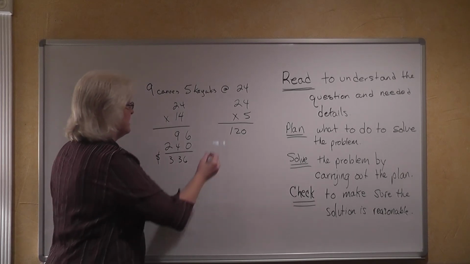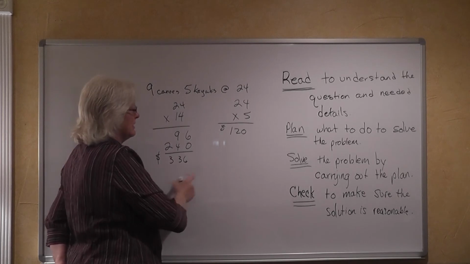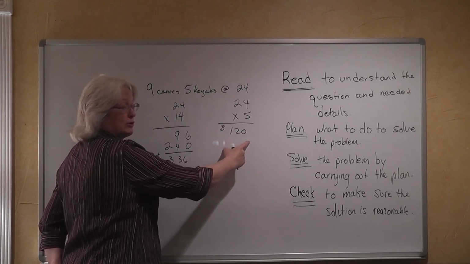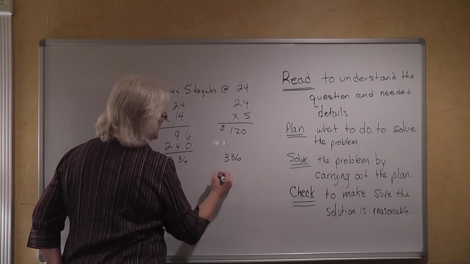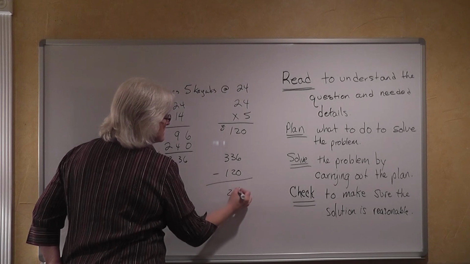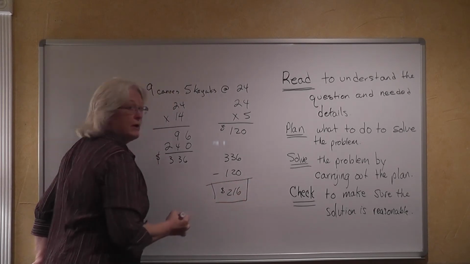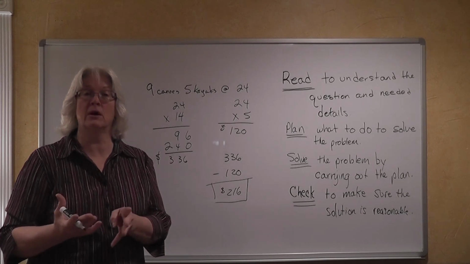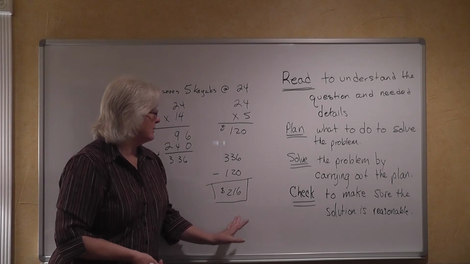So you could say that he could have earned this much money, but he did not get to earn the $120. So 336 minus 120 gives us that same number that we had to begin with of $216 that this merchant earned over the day.